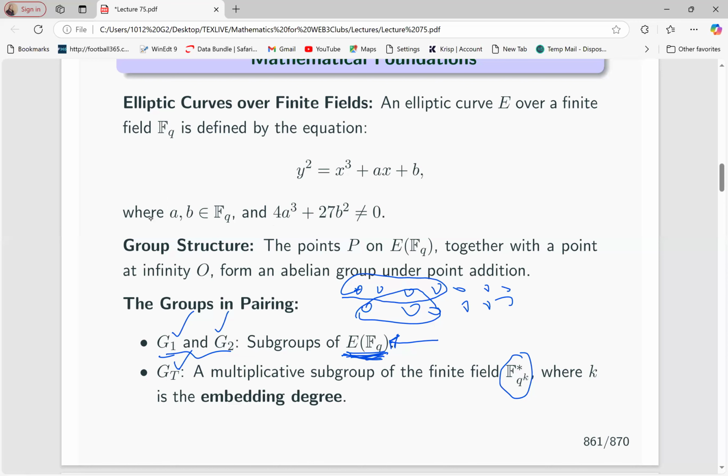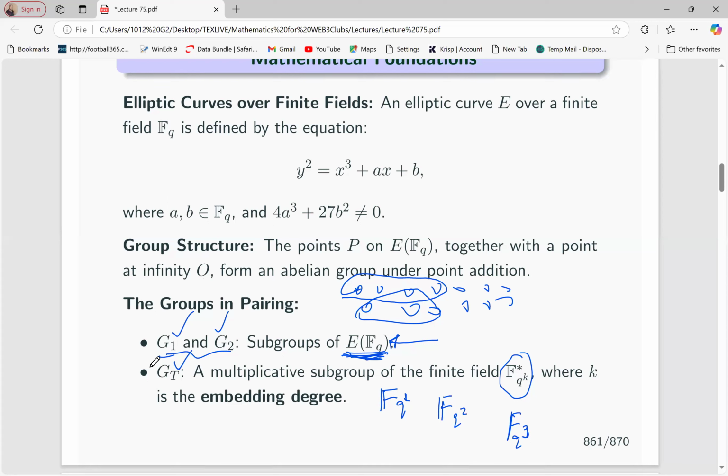We talked about extensions last time. So you can have that, or you can have that, and so on, where the power there is the degree of the irreducible polynomial that I used to form this extension.